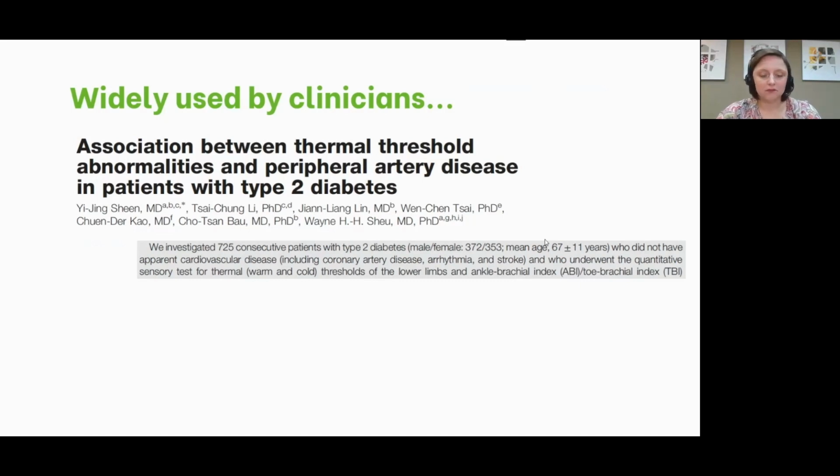The device works every day, every week for the whole year. And you can see this by the number of patients they were able to recruit for this study. More than 700 patients. And they came to very interesting conclusions here about the association between the thermal QST and the peripheral artery disease. But I wanted to focus on their clinical work and to show you how many patients they see and what a great job they do.